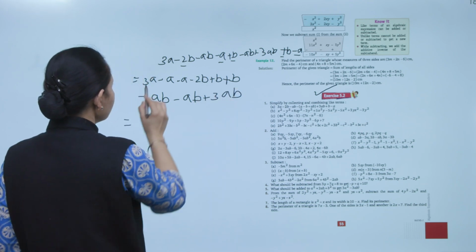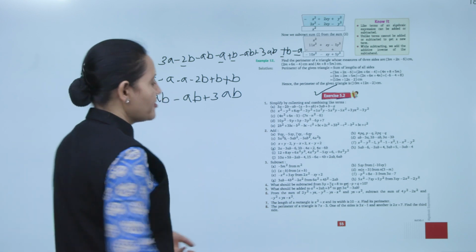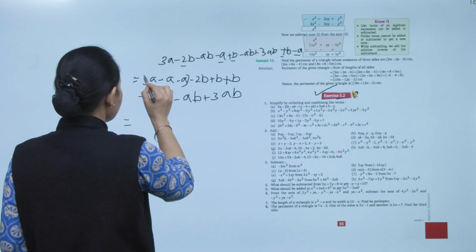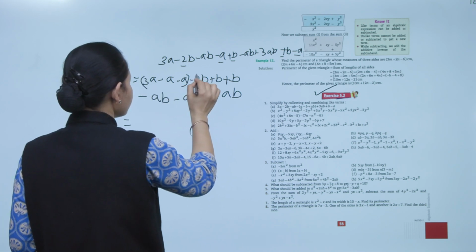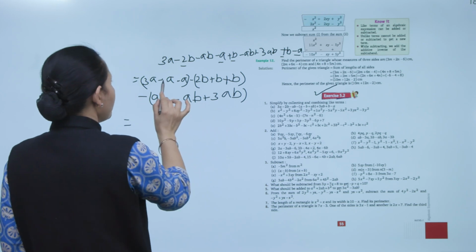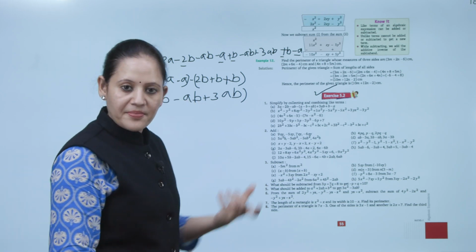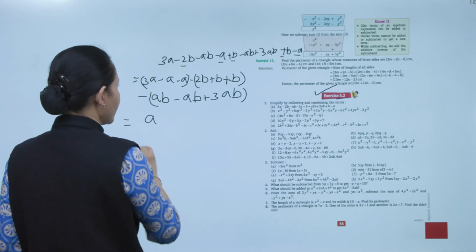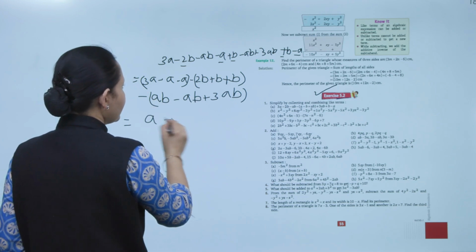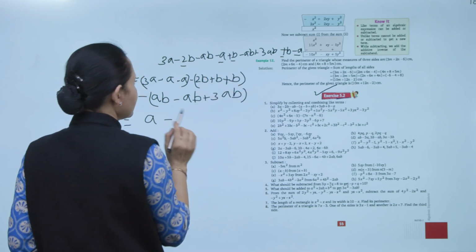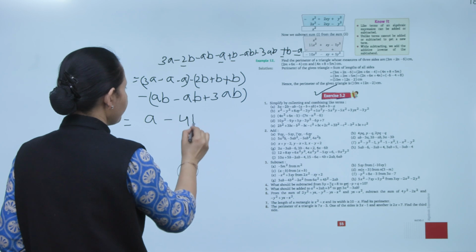Now we'll solve it. 3a minus a, minus a, that is minus 2a, and subtracting from 3a, that is equal to a. Now minus 2b plus b plus b, that is equal to minus 4b.